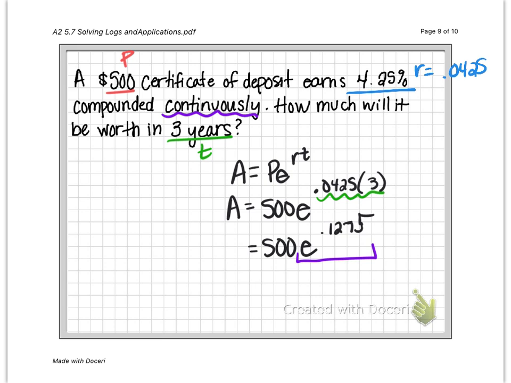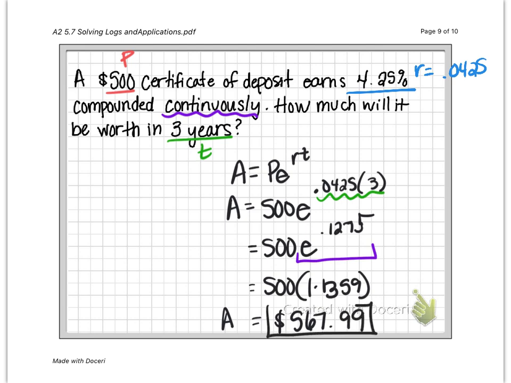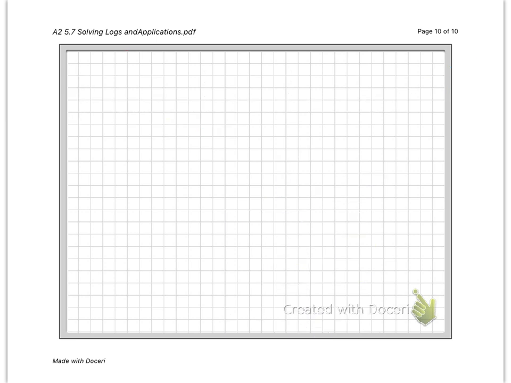So you'll hit second natural log, e to the 0.1275, which is 1.1359. And then multiply 500 times that, and we get the final value of this after 3 years would be about $567.99. So remember, we always go out 2 places with money. That is all.